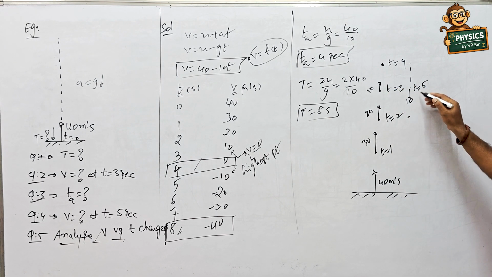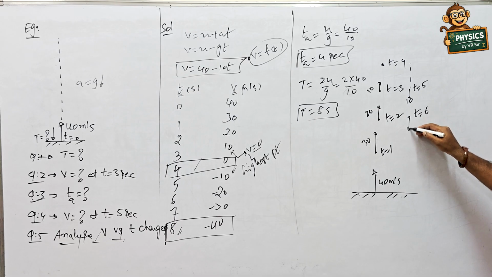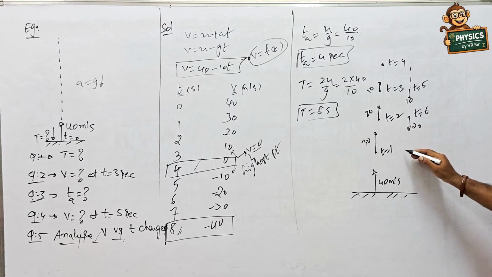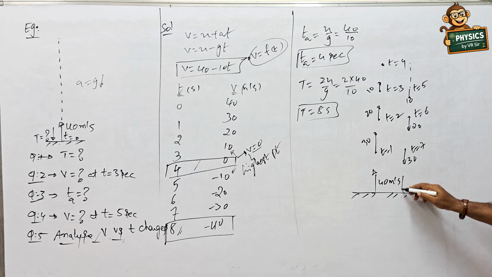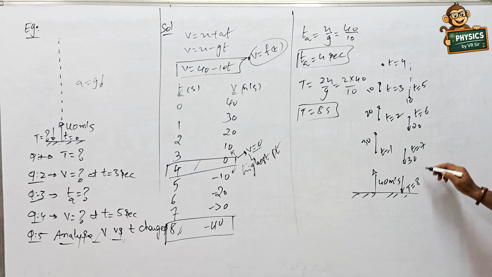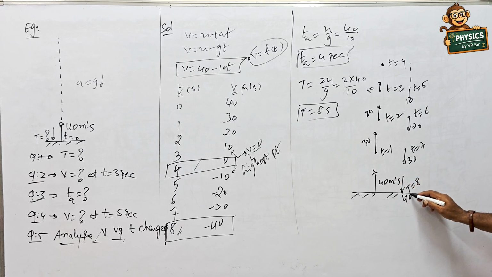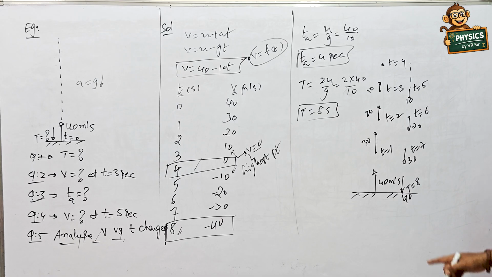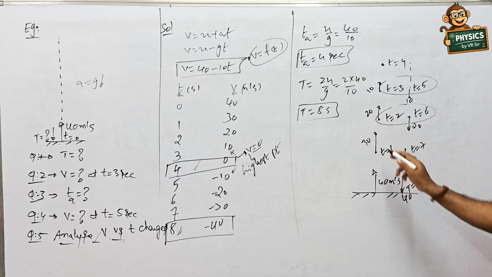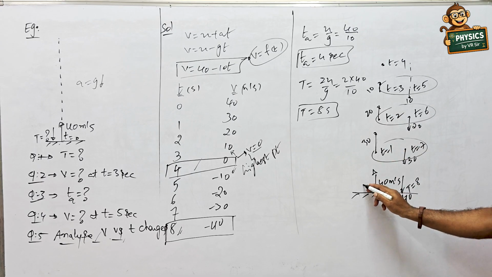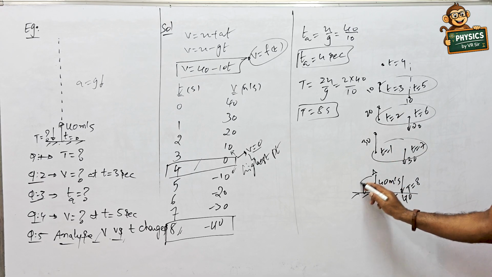Now at t equivalent to 6, it's coming back with 20. At t equivalent to 7, it is coming back with 30, and at t equivalent to 8 seconds, it reaches with the same magnitude of velocity, 40 meters per second. Now you should observe these pairs of times.